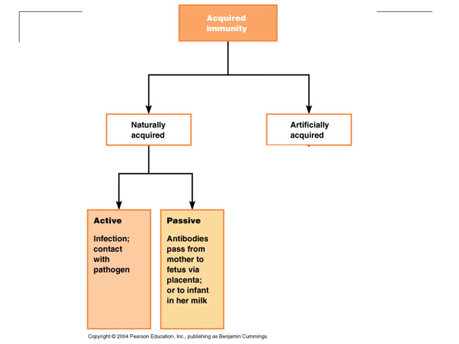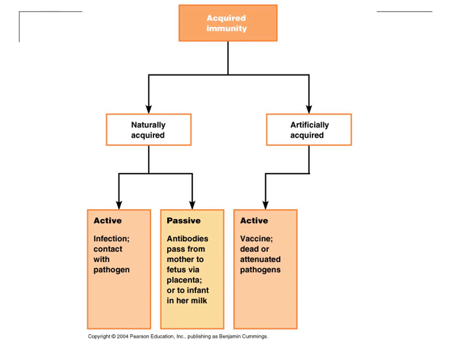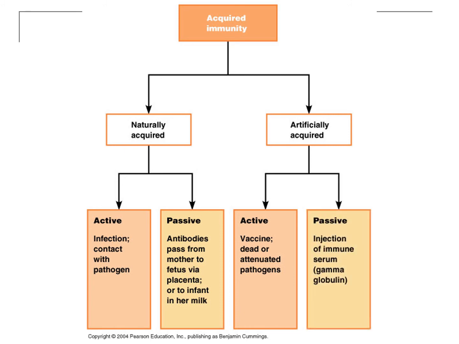With artificially acquired immunity, you can either have active artificially acquired immunity, in which you're going to produce the antibodies and produce memory cells, and so a vaccine is the best example of an artificially acquired active immunity. And you can have passive immunity, where you get injection of these antibodies directly into you.